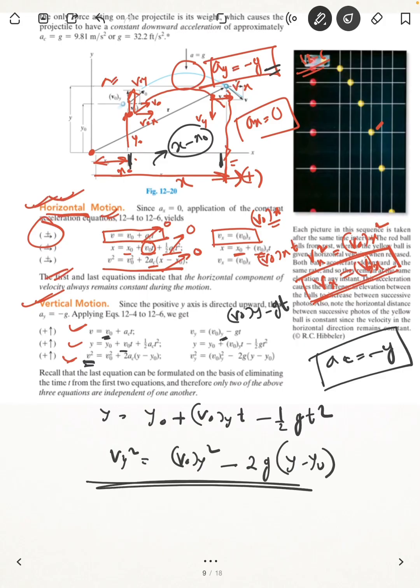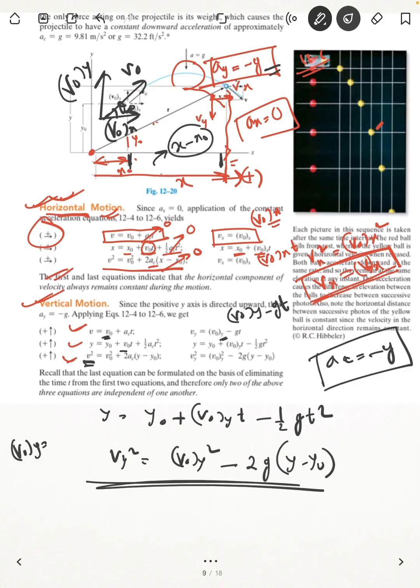Okay, so this is how you represent the equations of motion along the horizontal axis and along the vertical axis. One more thing, what is basically the v naught y? Look here, this is the v naught x and this is the v naught y.